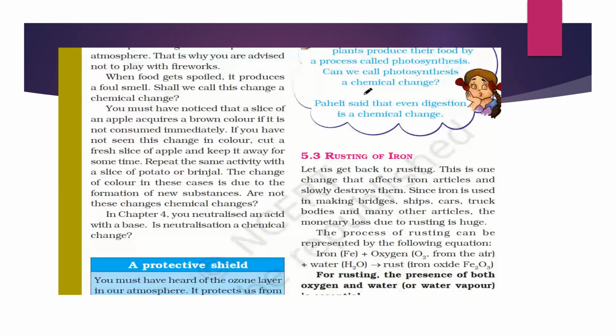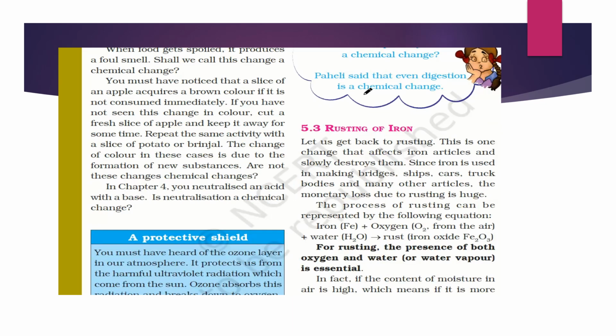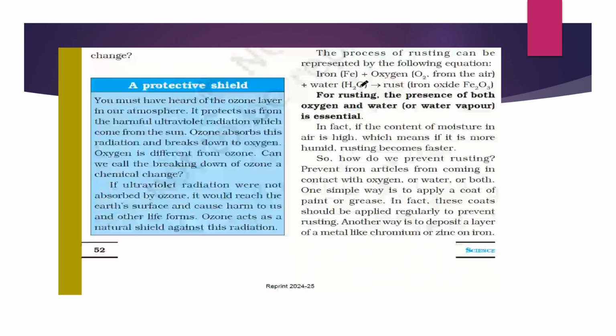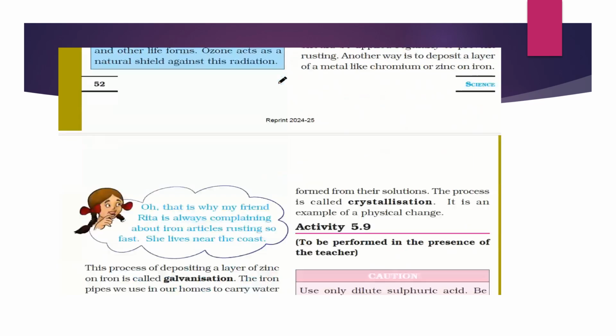So you just stay tuned with all the lessons which I am posting. You do the physical properties and physical changes that I have done first today in the first part. You do those activities at home as well as in school. Then we will move on to the rusting of iron, what is a protective shield and all, in the next class.